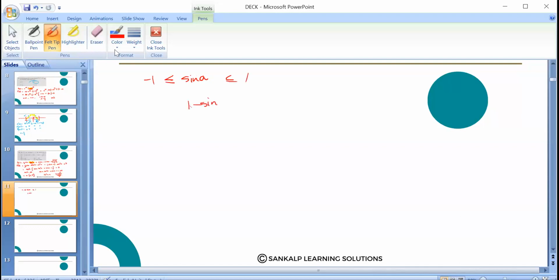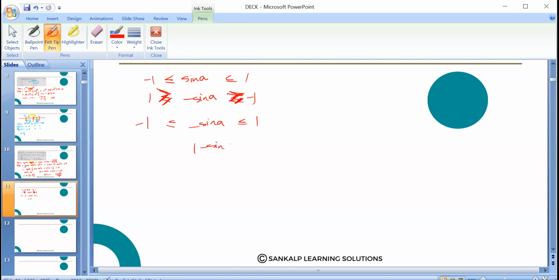Next step, I will put minus sine a, which will be between 1 and minus 1. Or I can write minus sine a will be between minus 1 and 1, because the signs have to flip when you take minus.